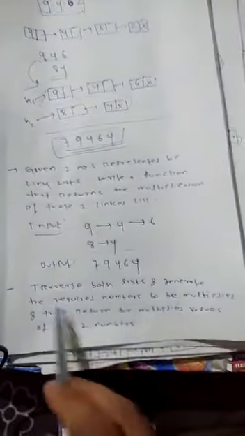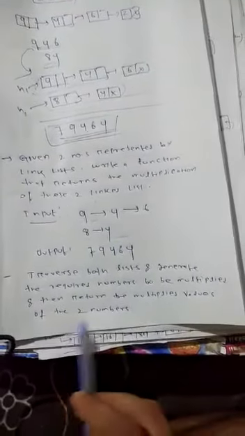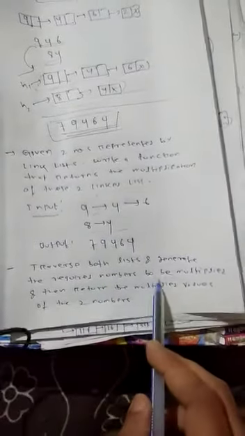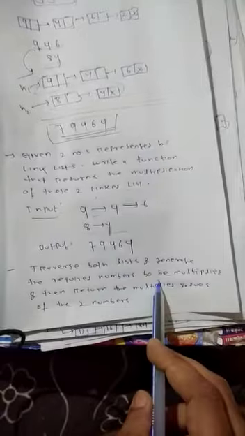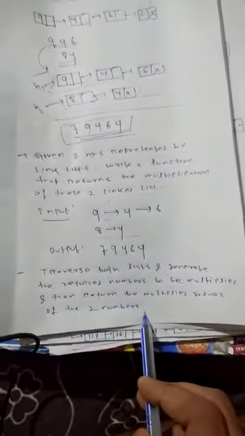The step is to traverse both lists and generate the required numbers to be multiplied, and then return the multiplied value of the two numbers using a function.